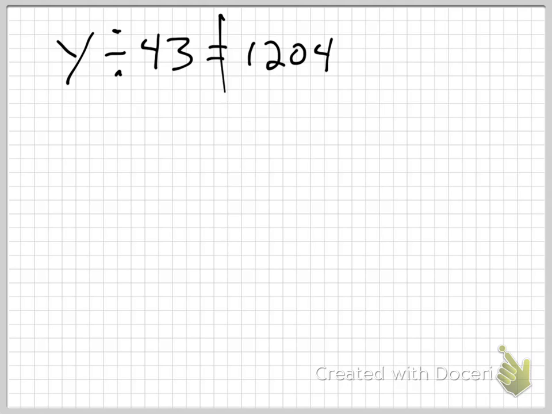All right, here we go. Line down the equal sign. Is the variable happy? Oh, before we do that. Really, honestly, what I would do if I were you, if there's a question in the book, I wouldn't even write that down like that. I would write it down right the first time. I would go y divided by 43 equals 1204. That's what I would write down. You know when you do your big box.